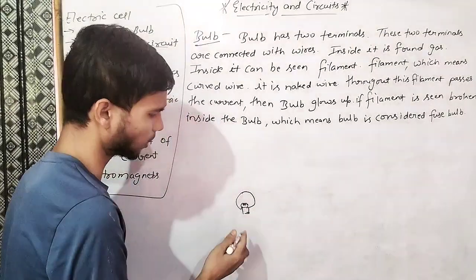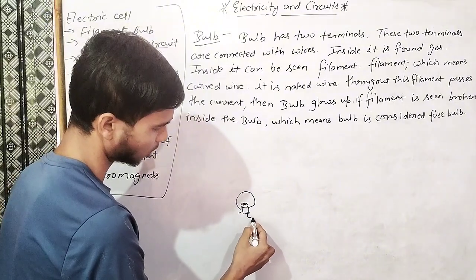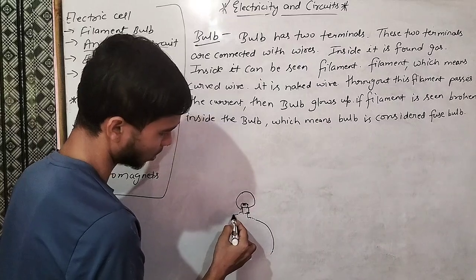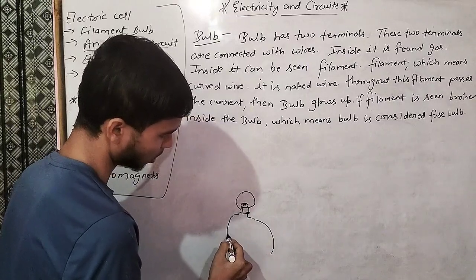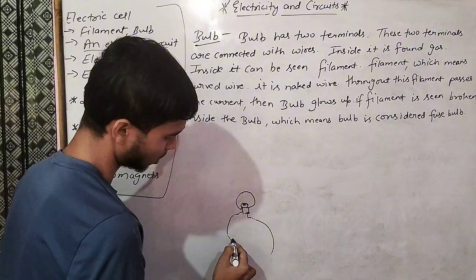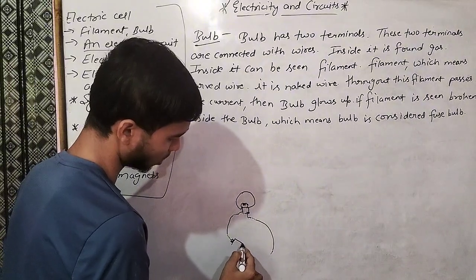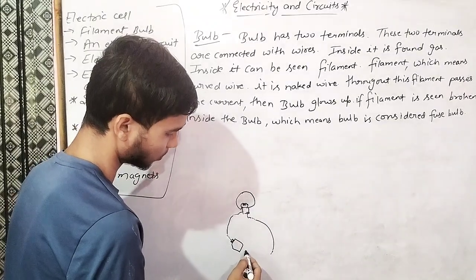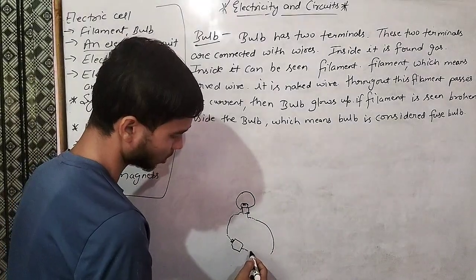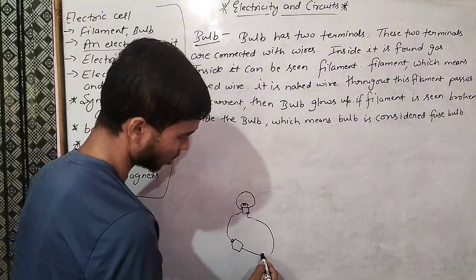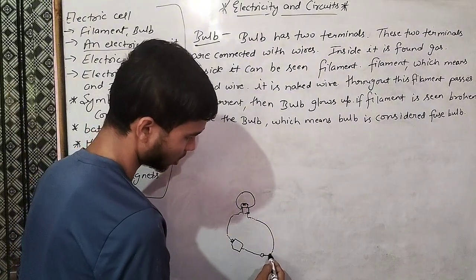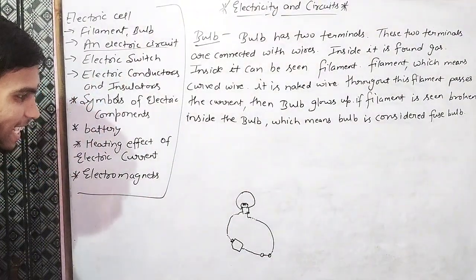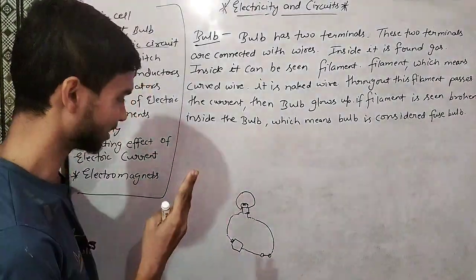This is a filament, a covered wire. This is the shell. This is the switch.